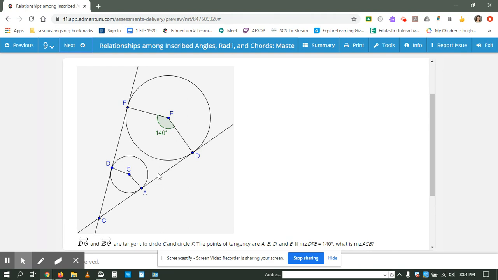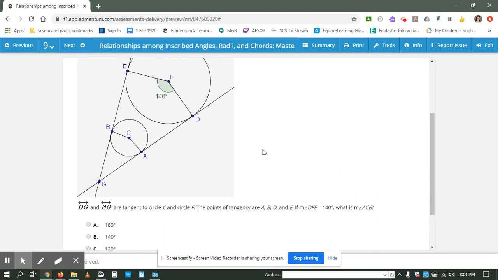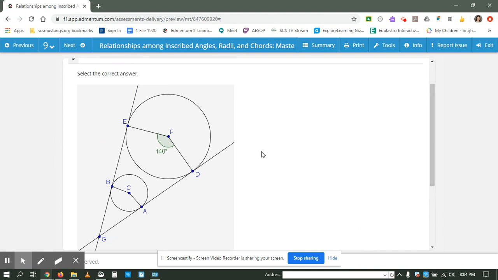And that's how circles work. All circles, and this is how we did dilations for similarity whenever we covered that chapter. We kind of used that point and expanded it out from there, and that's what they're doing here. So the answer for that one is going to be B, 140.